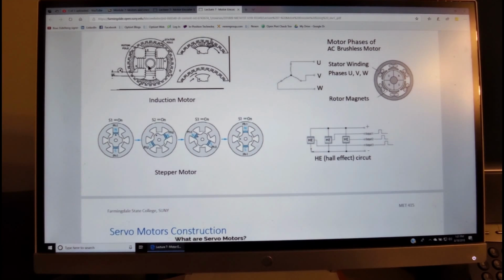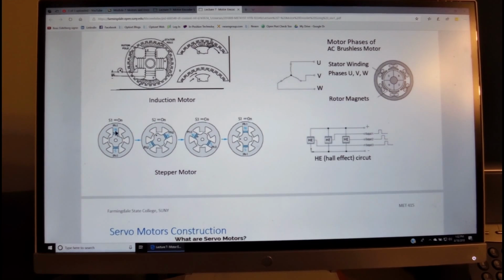We have an induction motor over here where instead of magnets the rotor has an induced magnetic flux that goes through the iron core into the coils on a stator, and the net effect is still the torque as we saw earlier. Similarly, we have stepper motors where the stator has an induced magnetic flux, and we may have a switched reluctance rotor or actual magnets on a rotor.